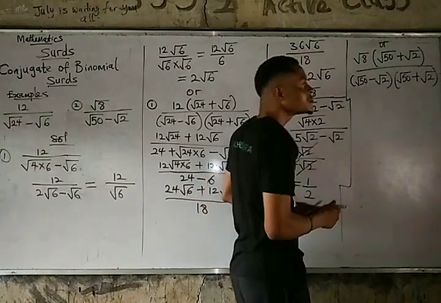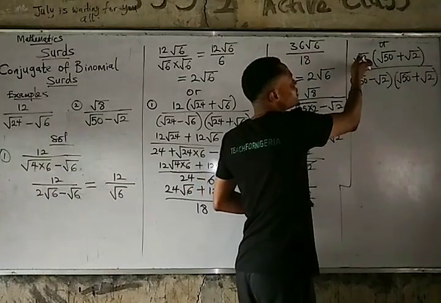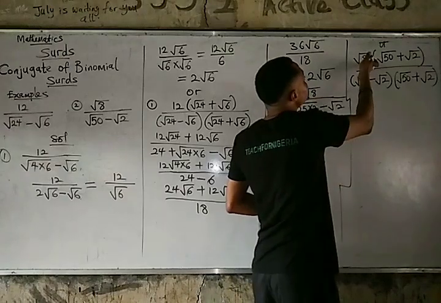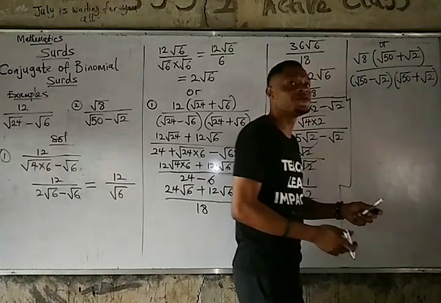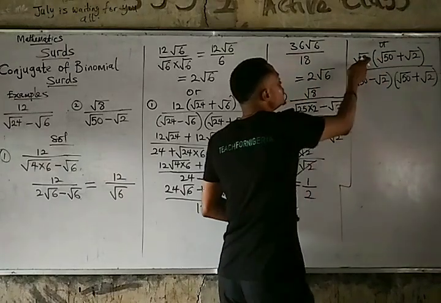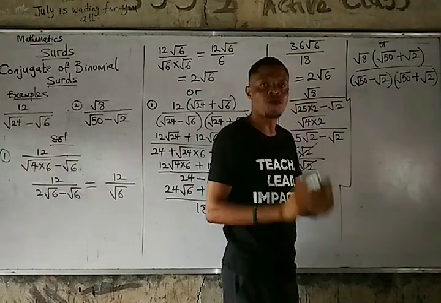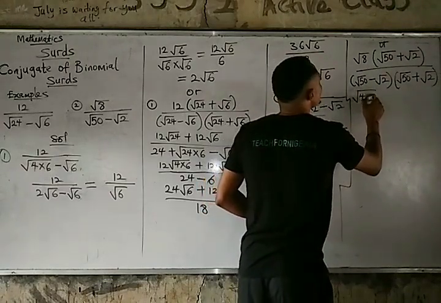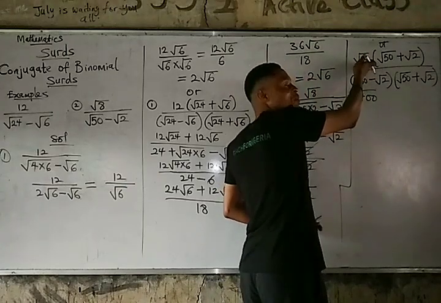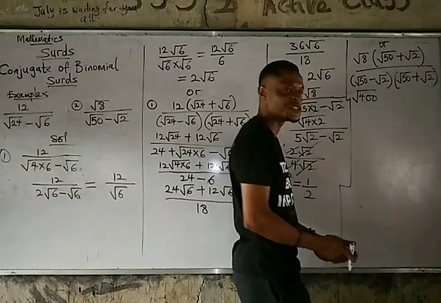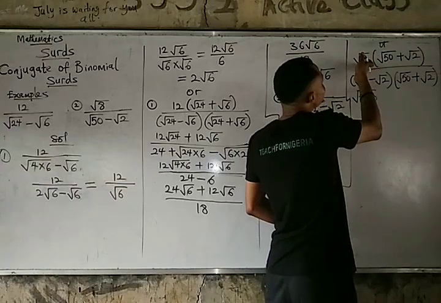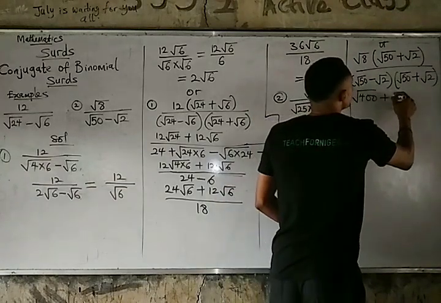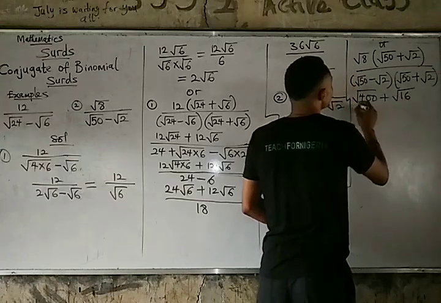For this, I can simplify this and simplify this, or I use this to multiply the 50 instantly. This will give me root 400. By the time I multiply 8 and 50, we have root 400. Then root 8 multiplied by root 2 will give me root 16.